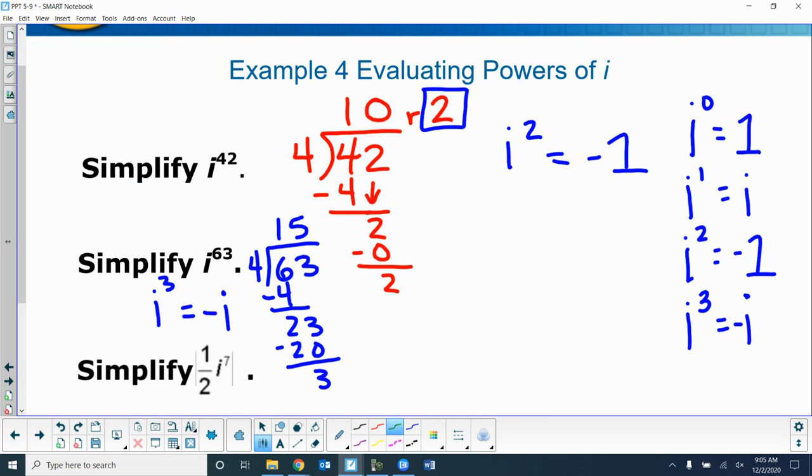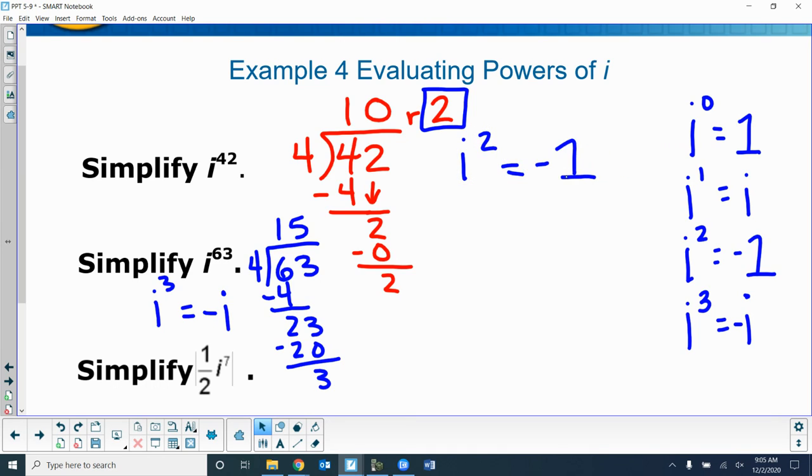So, let's do this first. So this would be a whole number. The 64 was going to be a whole number, right?